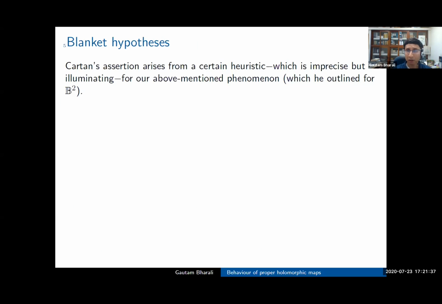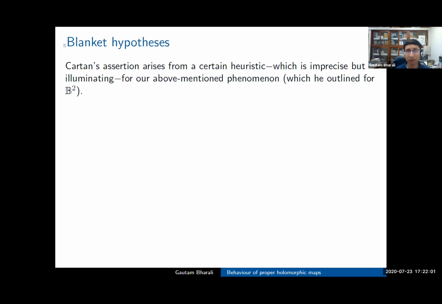Now I want to move closer towards that vague statement I had in my first slide, which I had labeled as a phenomenon. So that result about two-dimensional round balls was an illustration of that phenomenon.